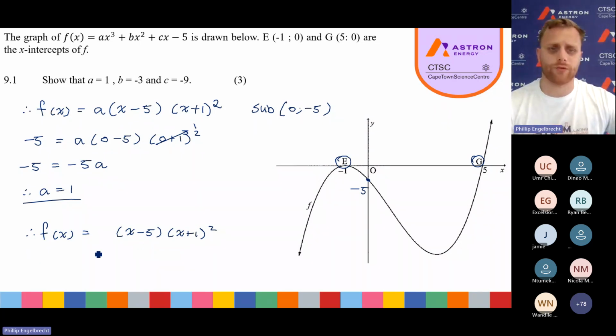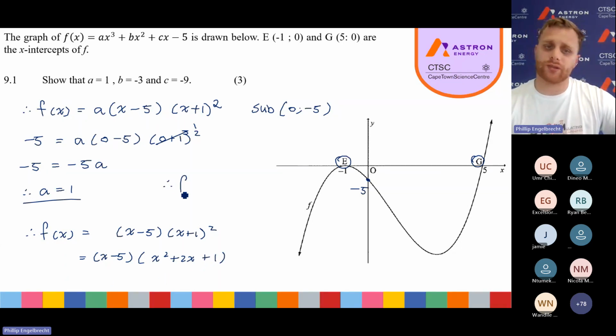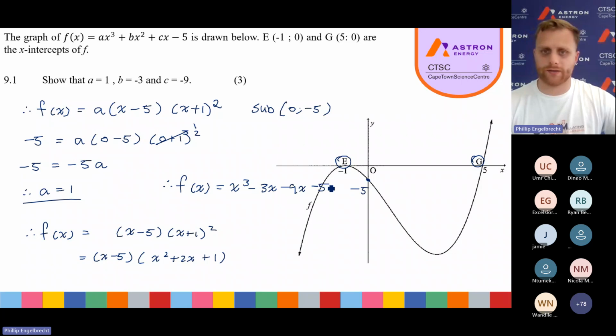So if you do that, this becomes x minus 5, and if I multiply this bracket out, this becomes x squared plus 2x plus 1. And now, guys, if you multiply this out, I'm just going to skip a few steps just to save time.